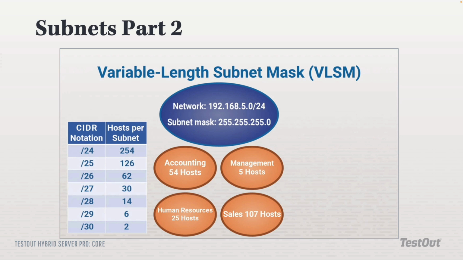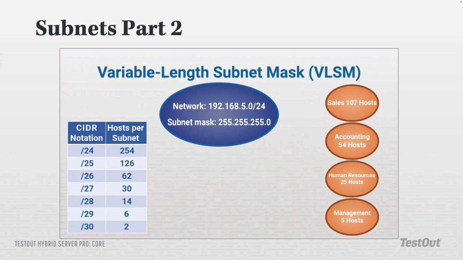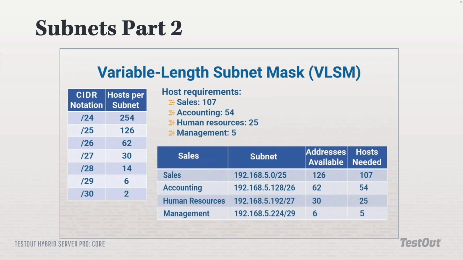So you go through, and then you would say, our biggest subnet is this, so that's what we're going to start with. And we are going to subnet that out. And then from there, we're going to go until we get to our smallest one. So you can see here on the right-hand side, sales has 107 hosts, accounting needs 54, human resources needs 25, management needs 5, okay?